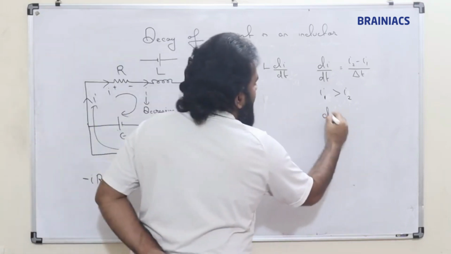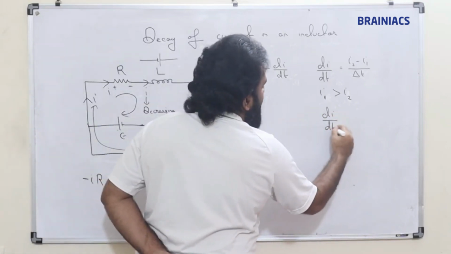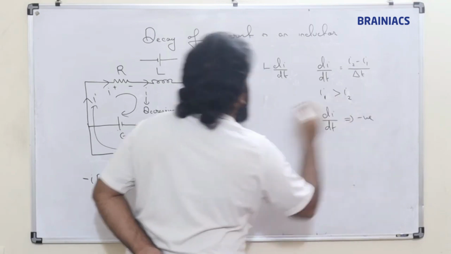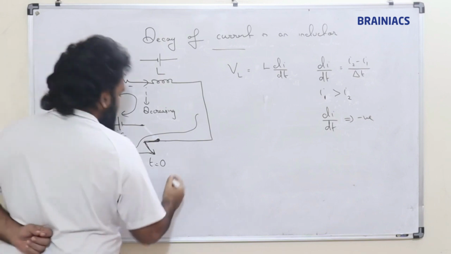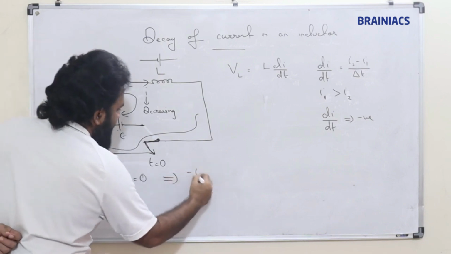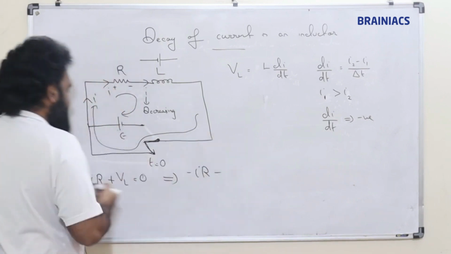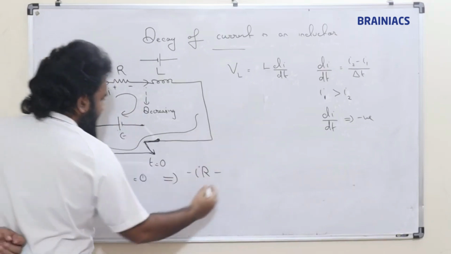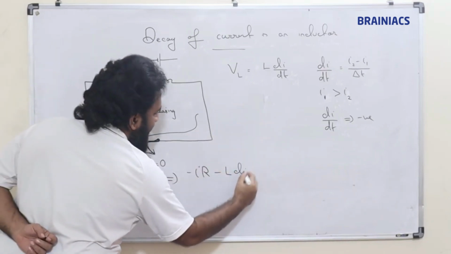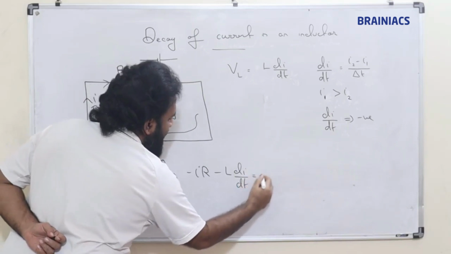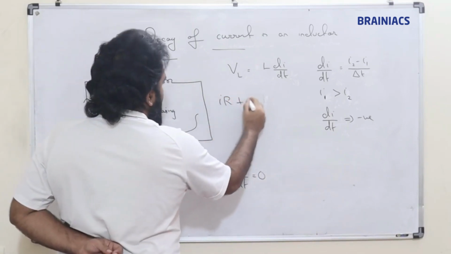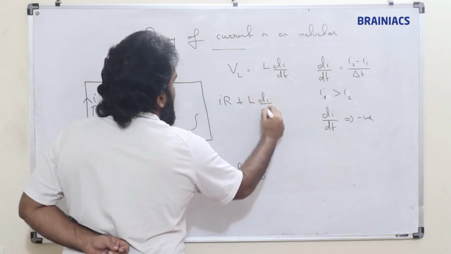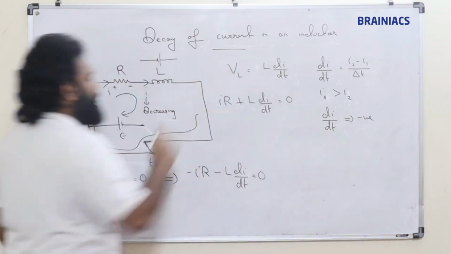So di by dt is going to be negative. So overall, when I write this equation, it will come as minus IR minus L di by dt is equal to 0, or overall I can write IR plus L di by dt is equal to 0.